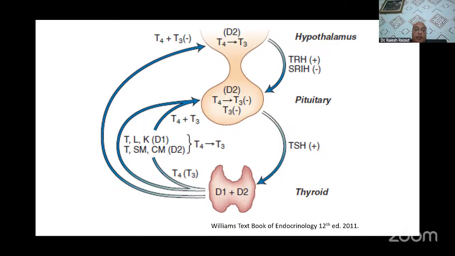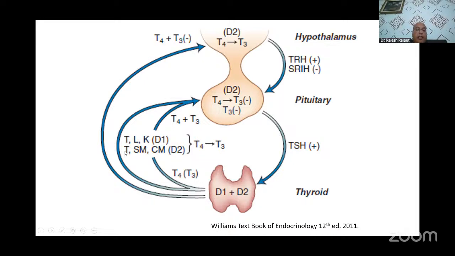As you have seen, in the thyroid, both D1 and D2 are present. In the pituitary and hypothalamus, D2 is present, which means T4 is converted to T3 by local D2 deiodinase, and it is actually T3 which is the metabolically active hormone required for carrying out various functions of thyroid hormones.